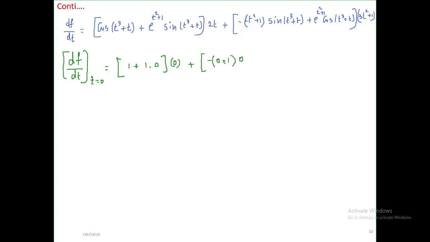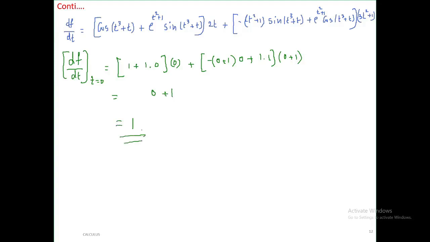Plus sin 0 is 0, plus e power 0 is 1, so 1 into cos 0 is 1. Alright, overall outside 3 into 0 plus 1. So now what you will get? So this is 0 and here 0, 1 into 1, so plus 1. So the answer is 1. Therefore df by dt at t is 0 is 1.